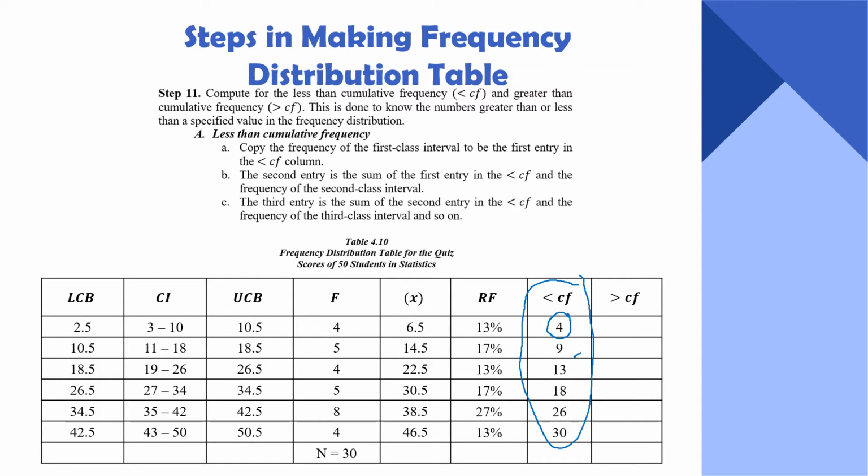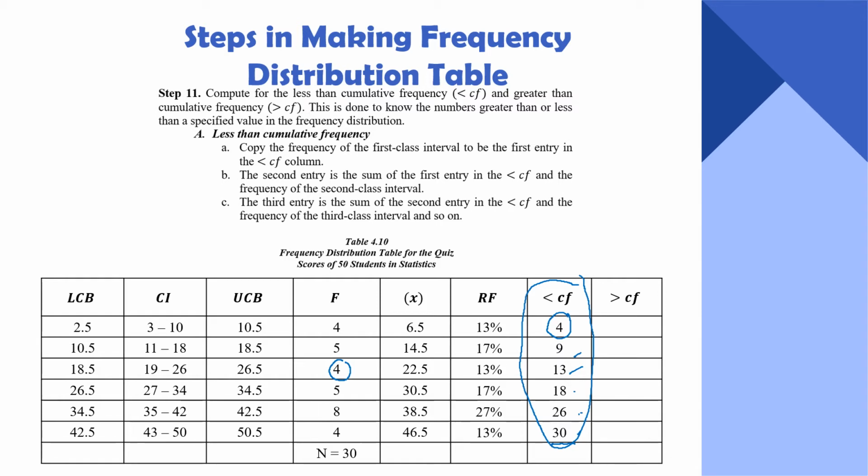And then, 9 plus 4, since that is the third class interval frequency, we will have 13. And then, 13 plus 5, that's 18. 18 plus 8, that's 26, and then 26 plus 4, that's 30. Okay, always remember na magtatapos kayo, or the last entry of the less than cumulative frequency is the total number of our frequency.